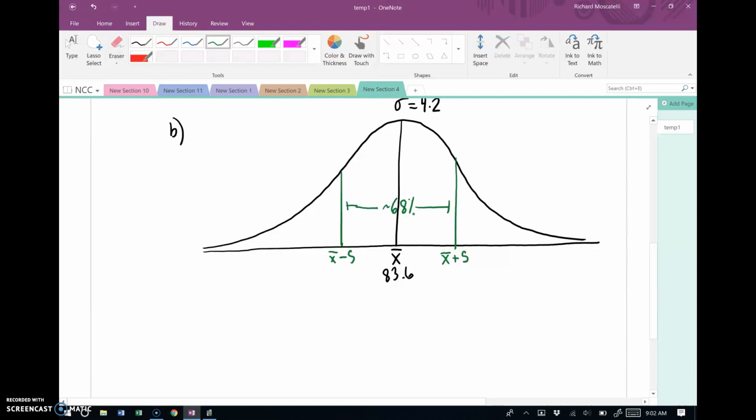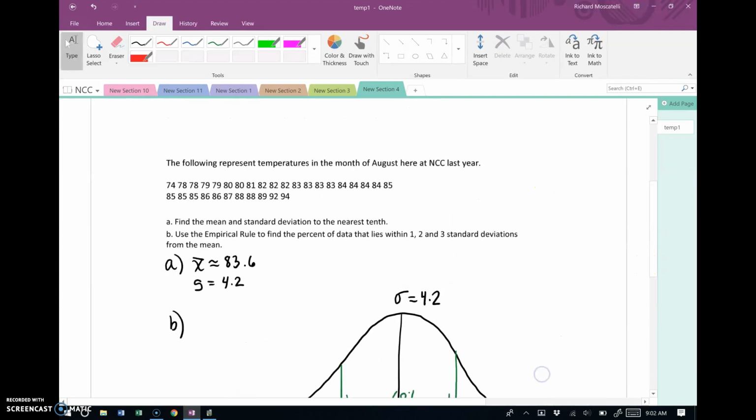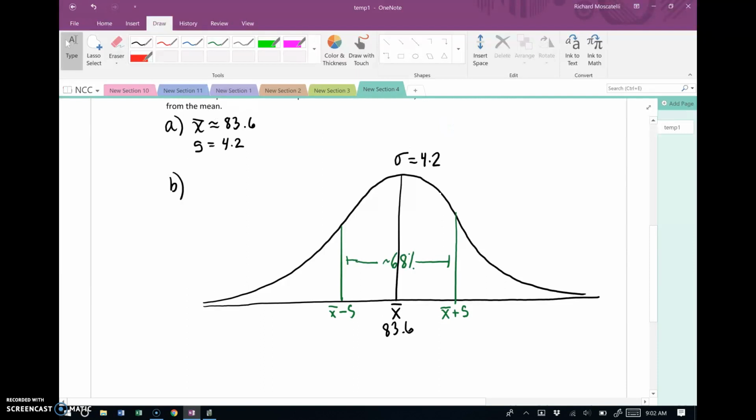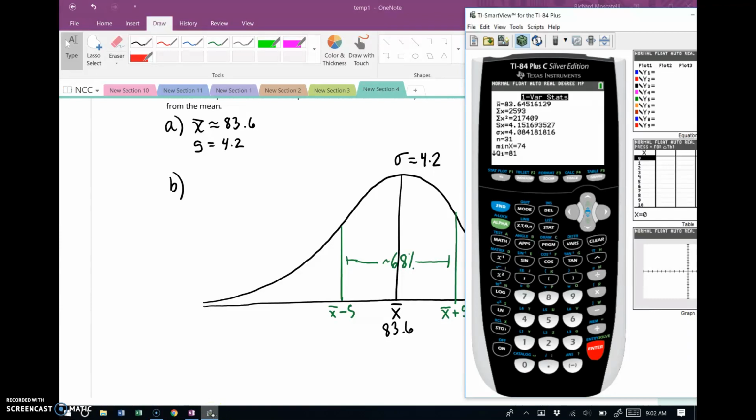So the question is, what percent of our temperature data actually falls within these boundaries? To answer that, we first need to know what the boundaries are. So let's calculate them on my calculator.